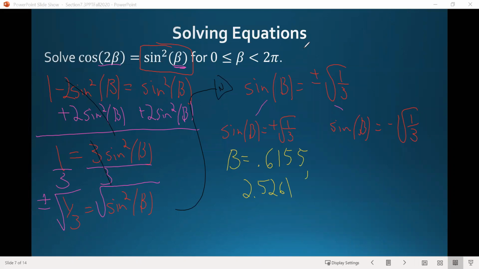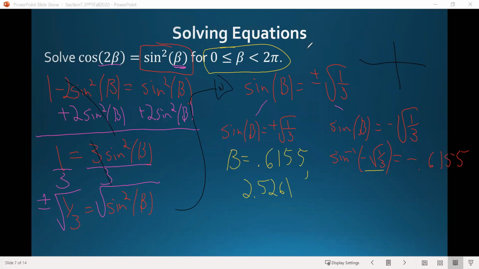So when we do inverse sine of negative square root of 1/3, my calculator will give me negative 0.6155, which is not in the range of answers we're looking for, right? That's not between 0 and 2 pi. Mostly it's negative. So we have to think about where that is on the unit circle.